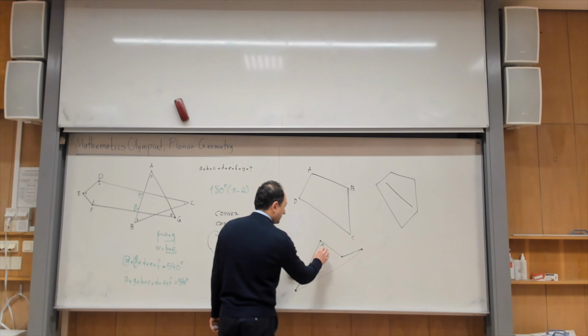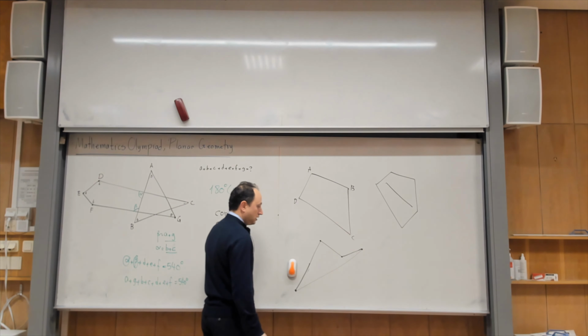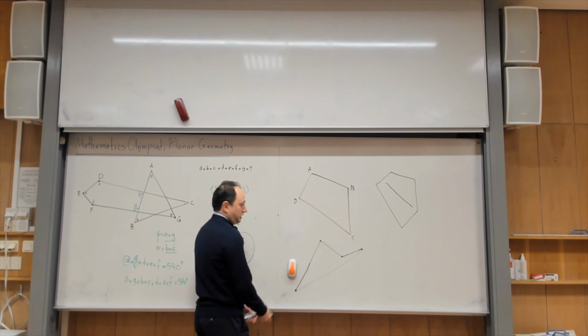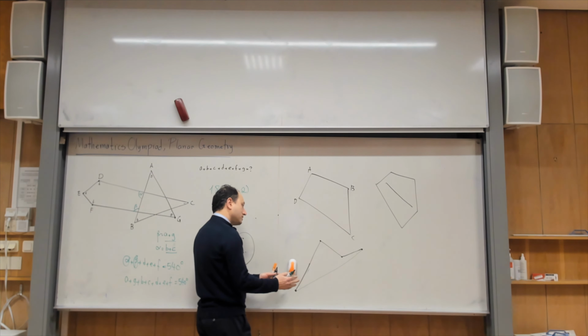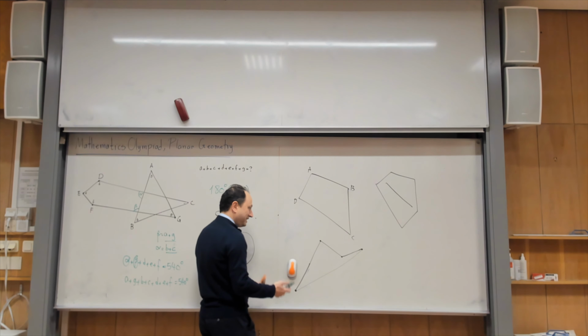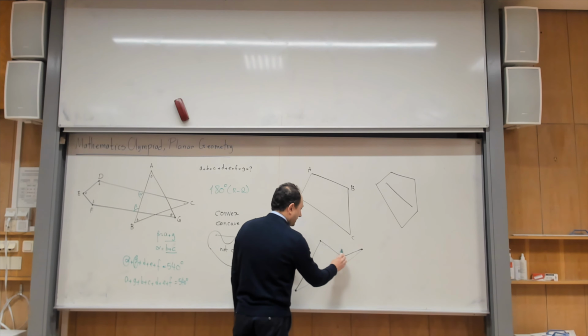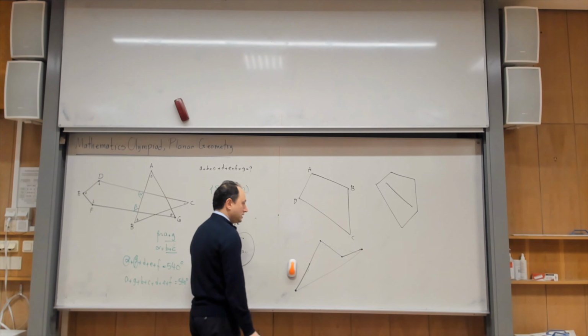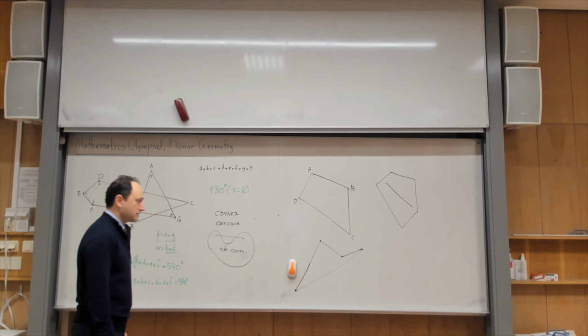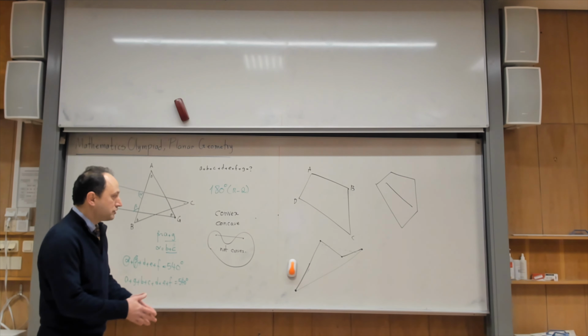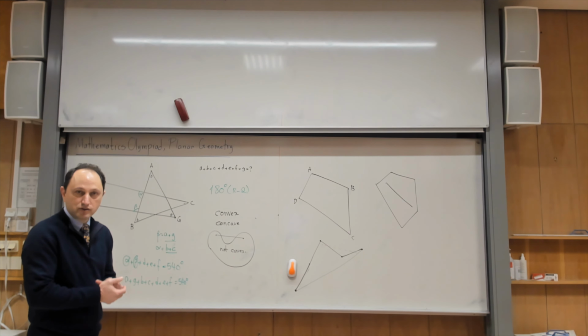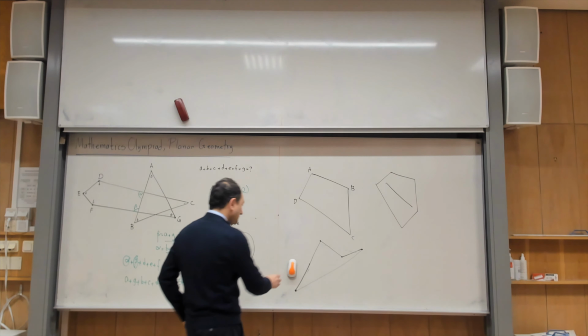Because, for example, if I take this point and that point, of course there are infinitely many pairs that if I choose and join them, all the line segments will lie inside. But at least I can find a counterexample like this. So this quadrilateral is not convex. Okay, now I want to talk a little bit about what happens for the sum of the interior angles of this one.